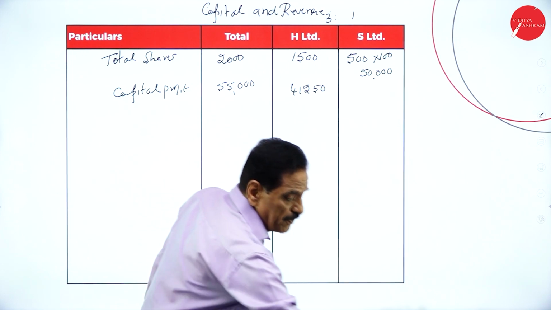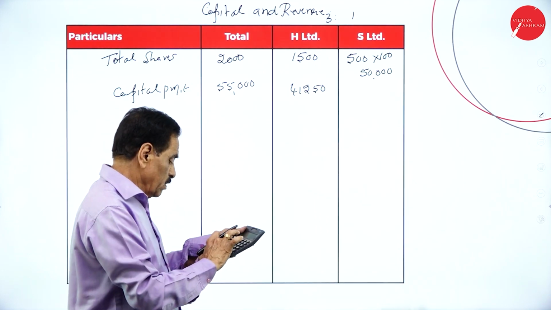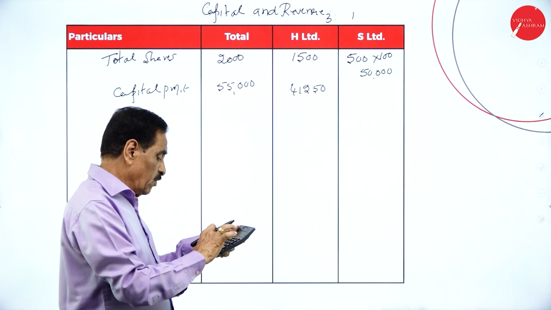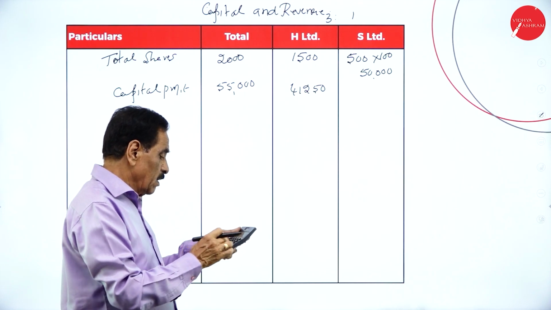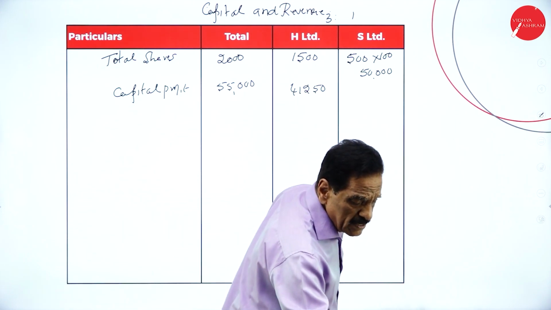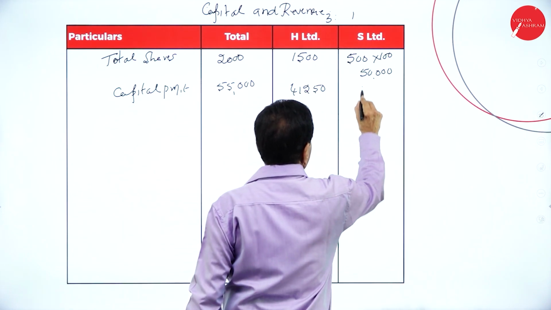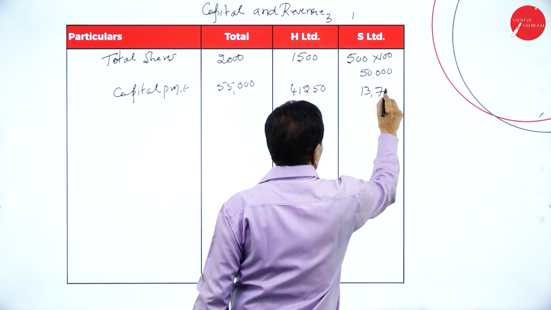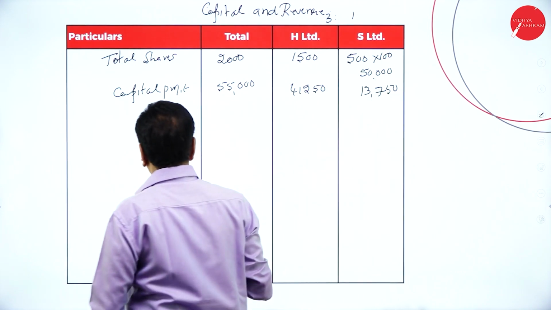Then 55,000 into 1 divided by 4 is 13,750. This goes in favor of capital profit.